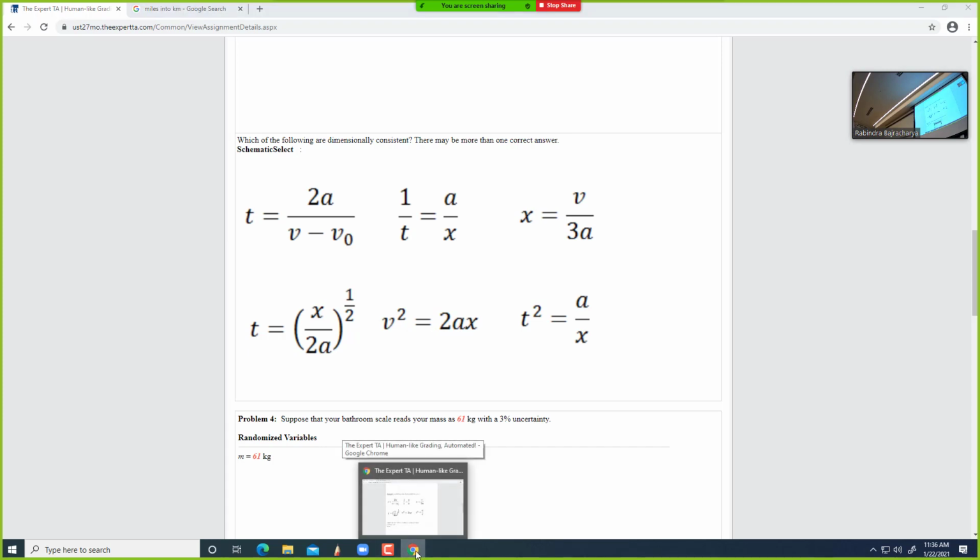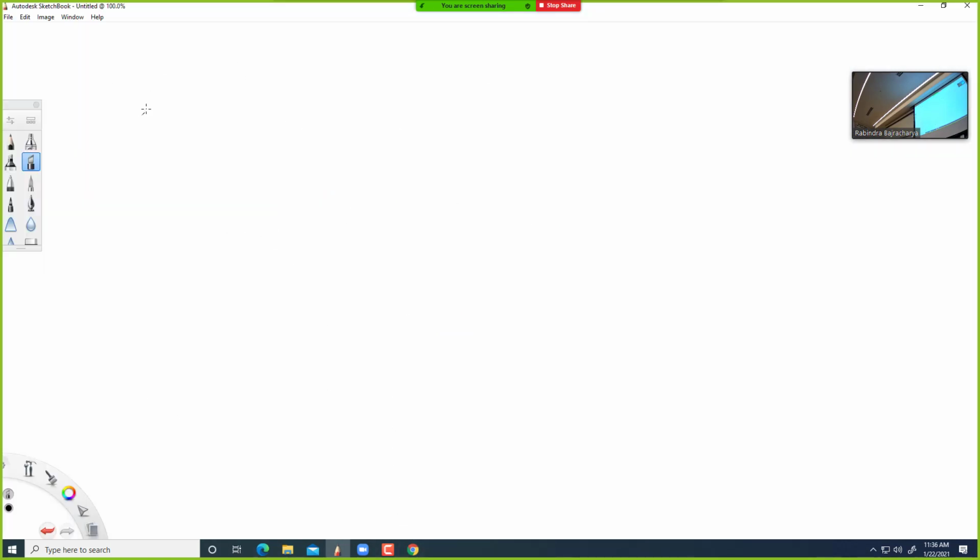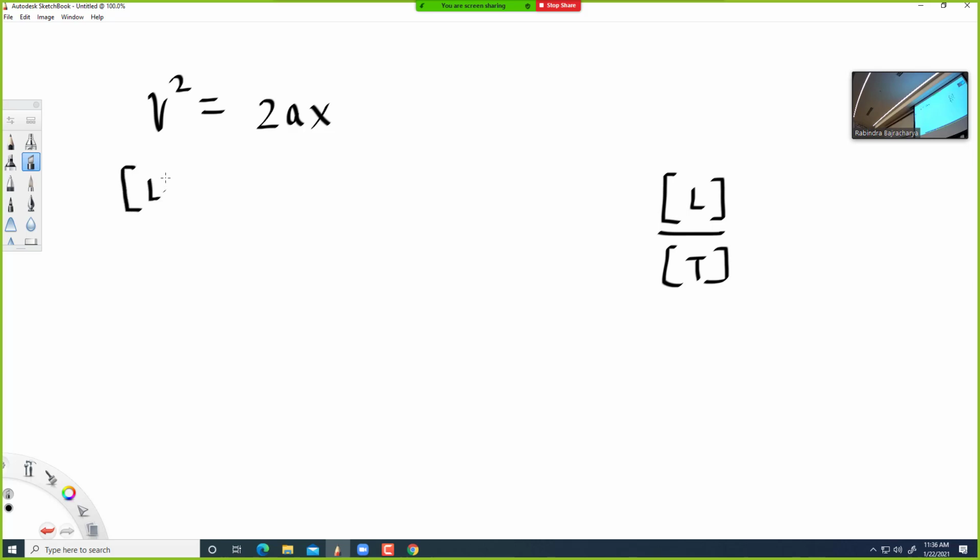The dimension of v is L over t. And we have square, so it's L squared over t squared. The dimension of a is L over t squared.